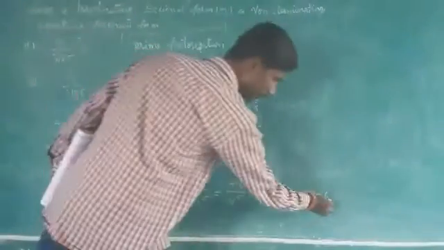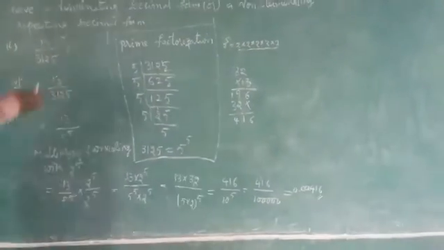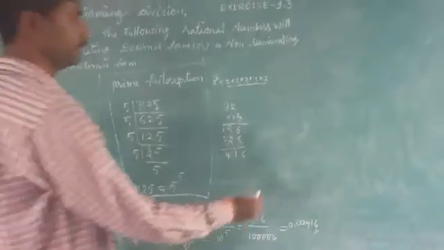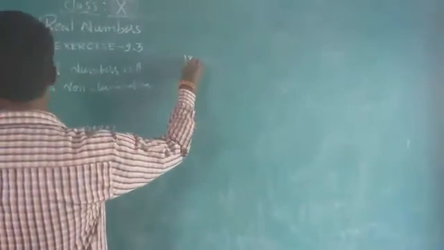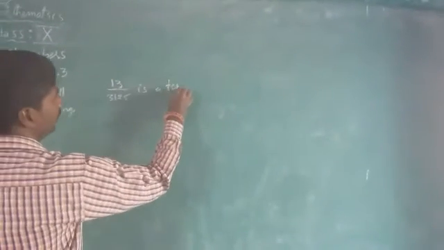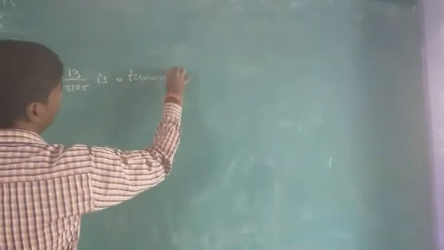You can see this is a terminating decimal. So 13 by 3125 is a terminating decimal.